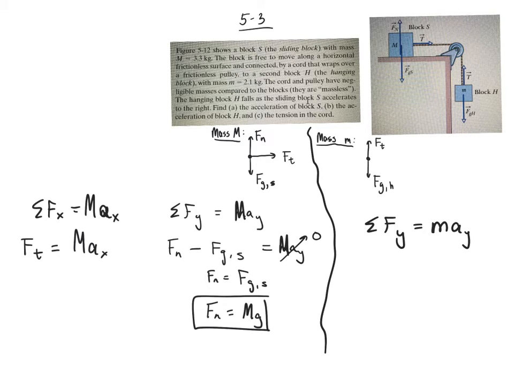So I've got tension acting up, the weight acting down, and that equals little m a_y. The weight acting down is mg. I'm going to use little m because I'm on the smaller mass now. And there's my equation that I can use.